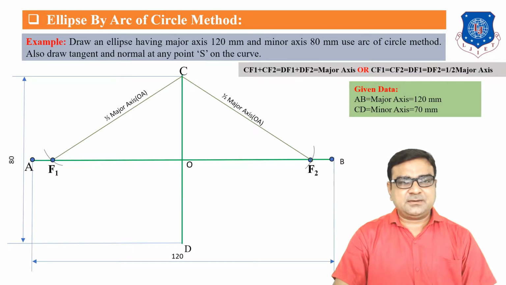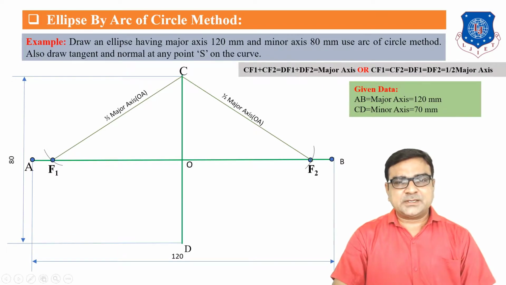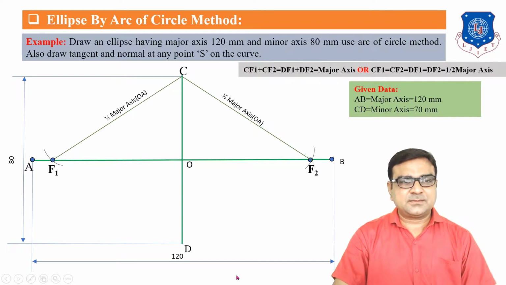Okay, at present we have two points of the ellipse, A and B. For other points, you can take points on this horizontal line from F1 to O. On this line you can randomly take points 1, 2, 3, 4, and also from F2 to O, 1 dash, 2 dash, 3 dash, 4 dash.